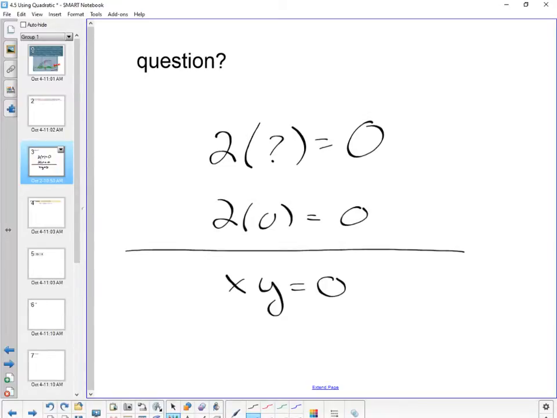It could also be one or the other, but it could also be both of those, okay? Questions on this idea. If I take two numbers and multiply them and I get a product of 0, that means either x was 0, y was 0, or both of them are 0, okay? Guess what that's called? Zero product property. That's called zero product property, okay?